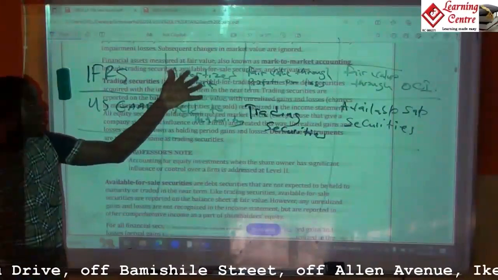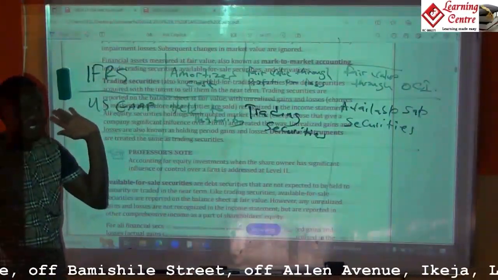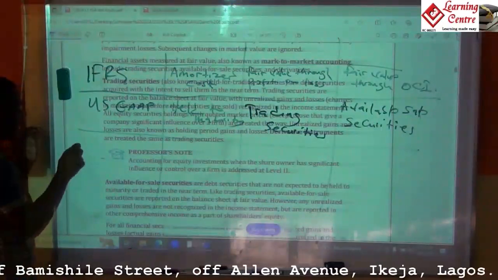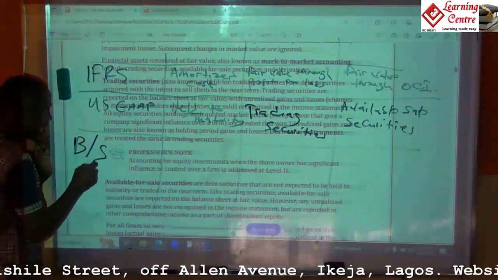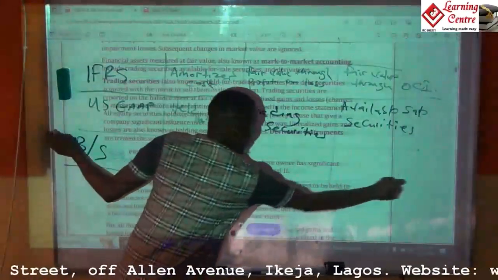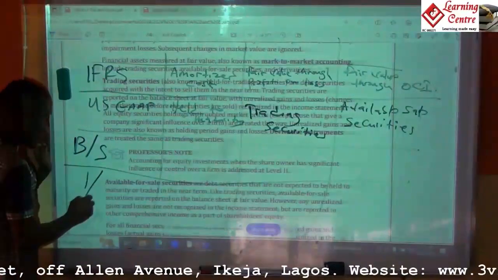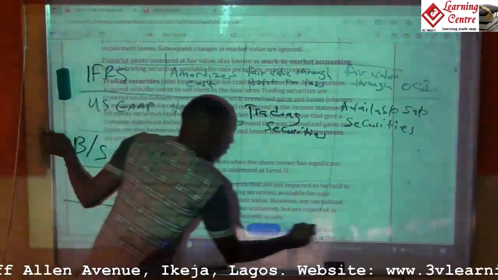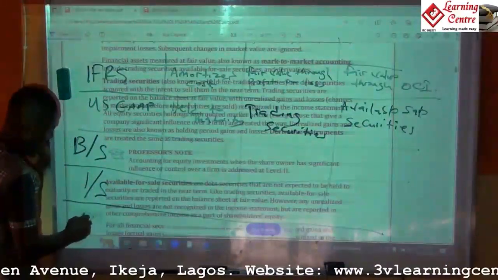Amortized cost, but it's the same way in which you treat them. So, you have a balance sheet. How do you treat it under your balance sheet? BS is your balance sheet. IS is your income statement, while OCI is other comprehensive income.